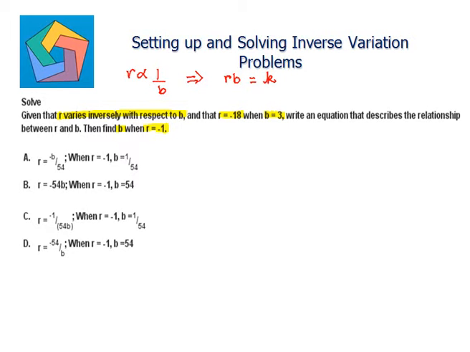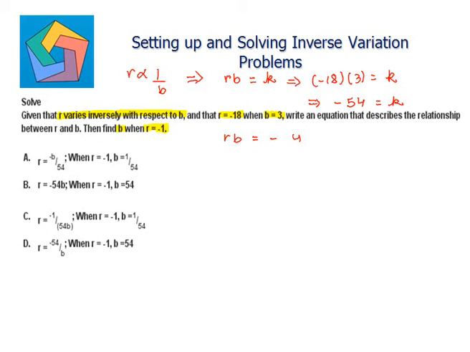So let me put it here. This implies negative 18 times 3 is equal to K. This implies negative 54 is equal to K. So my equation becomes R times B is equal to negative 54.